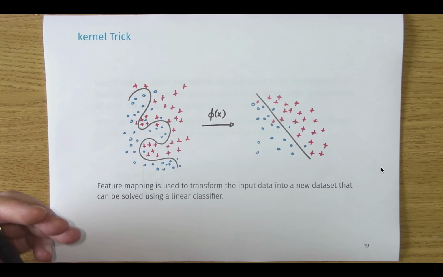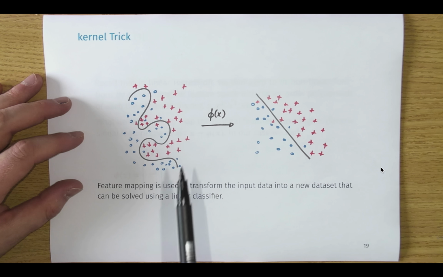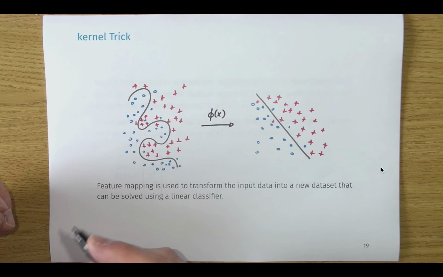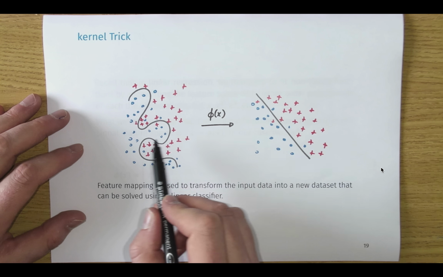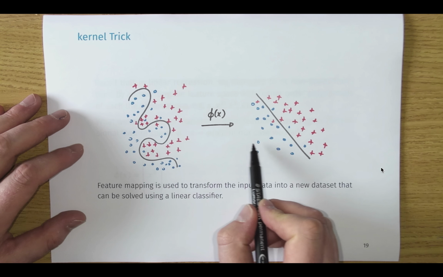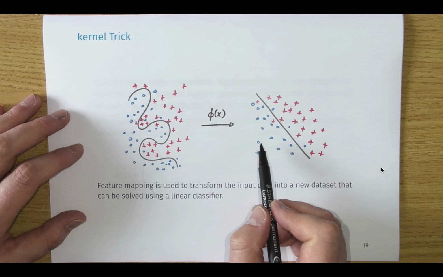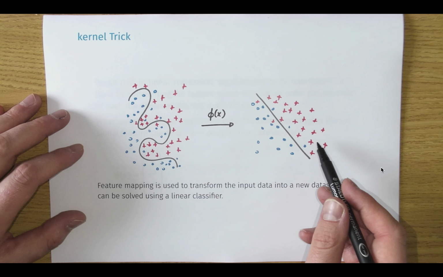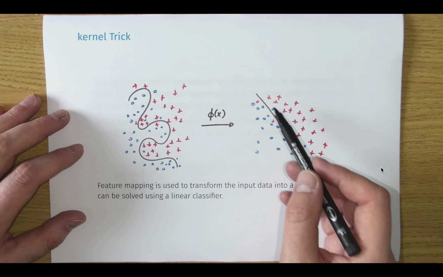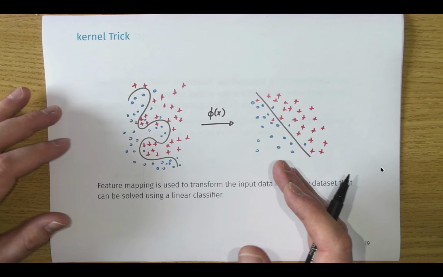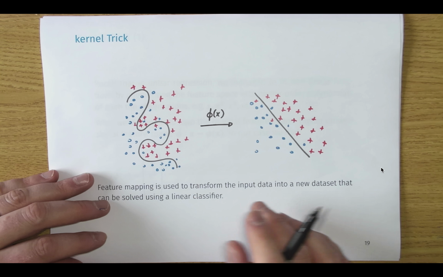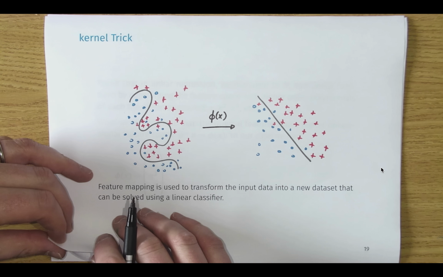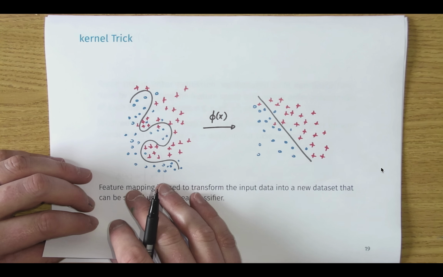But what we found is that with the right transformation on your input data, we'll somehow magically be able to map every single one of these points into a point here in such a way that now the class separation is much clearer. And in this case, we just find a hyperplane, a nice straight line. So this is the idea behind transformation.